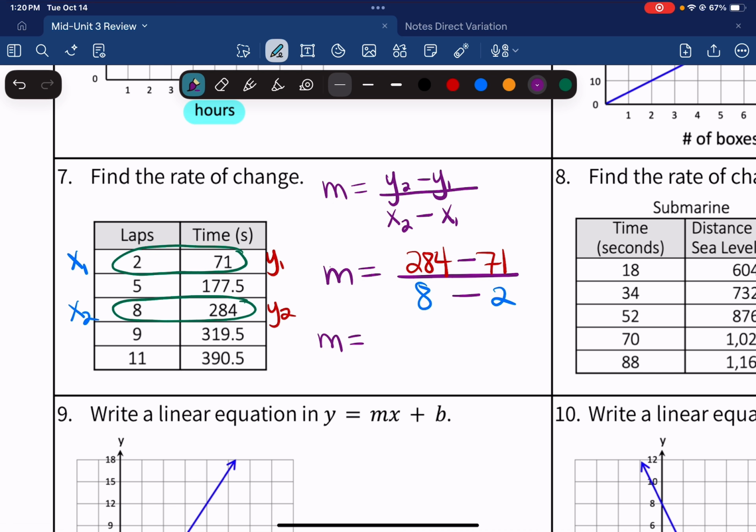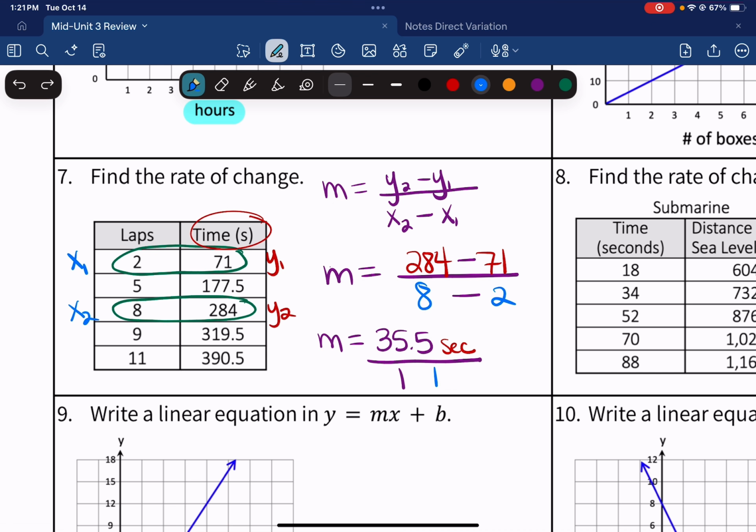Which doesn't make a whole lot of sense when we're doing a word problem, so I'm going to convert that to a decimal, and I get 35.5. But like I said, because this is a word problem, we need to put the units of measure in it. So it's the change in y over the change in x. Remember, your y value was time in seconds, so I'm going to say 35.5 seconds per every 1 lap.